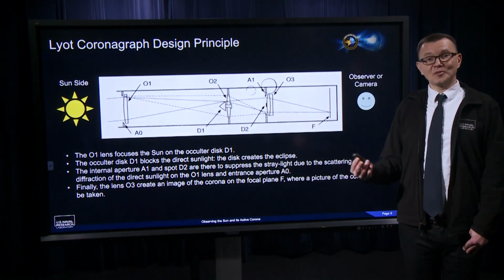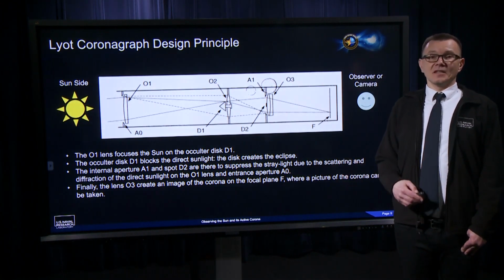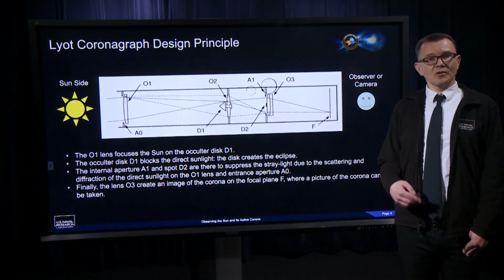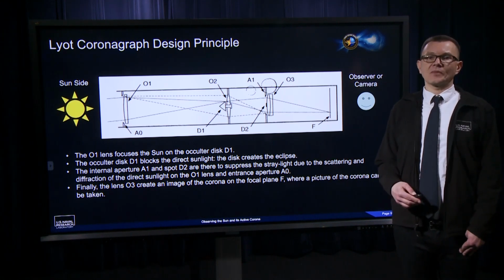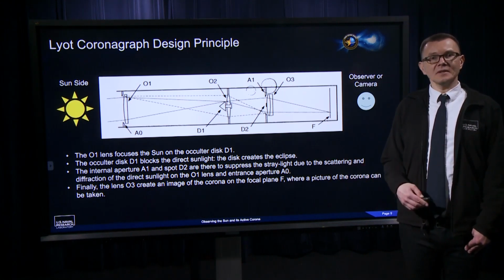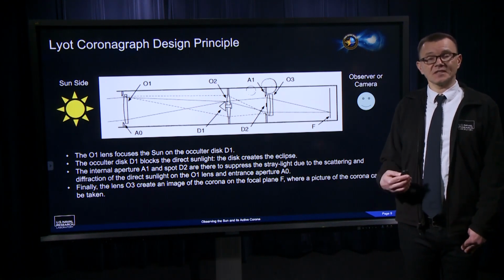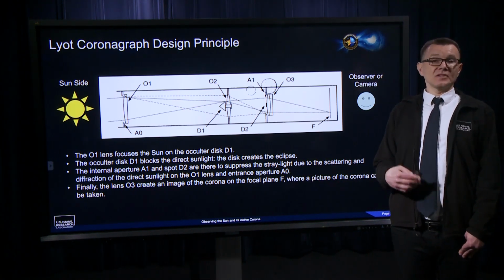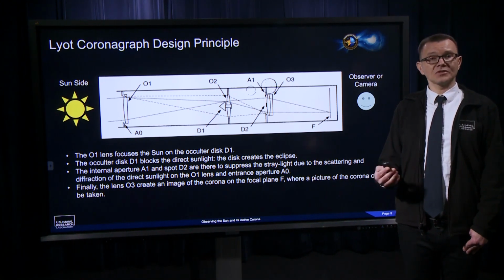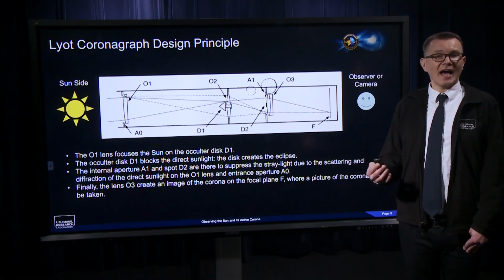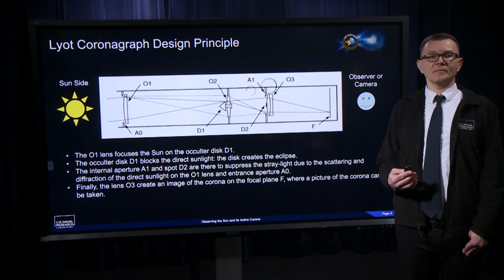A little bit of optics in this slide. This diagram shows the principle of Lyot's coronagraph. The lens O1 on the left focuses the Sun on the occulter disk D1. This occulter disk blocks the direct sunlight and sort of acts like the moon in an eclipse.